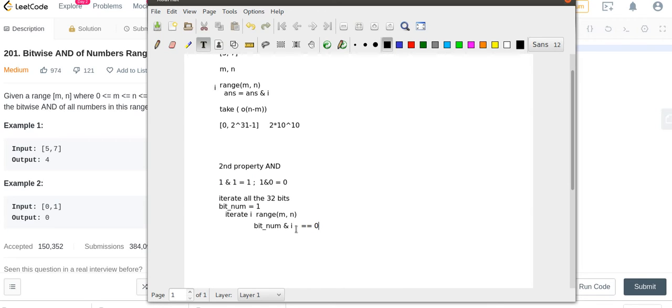If it is 0, it means the answer for that bit is 0, so we do not need to do the rest of the operations and we just directly break.